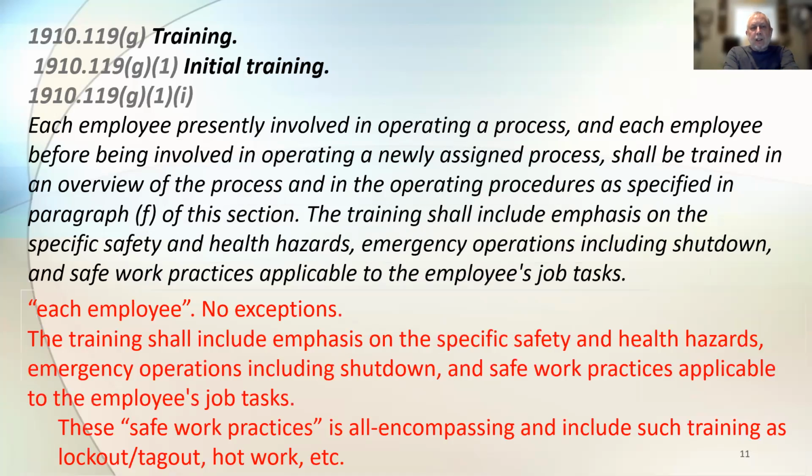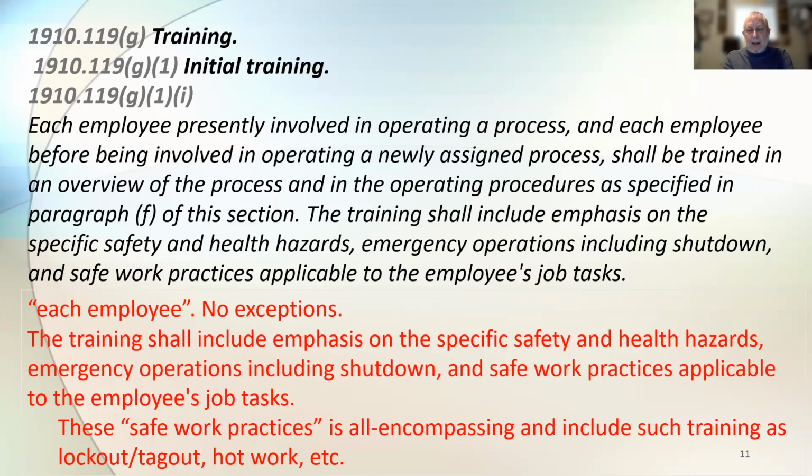Initial training. Each employee presently involved in operating a process and each employee before being involved in operating a newly assigned process shall be trained in an overview of the process and in the operating procedures as specified in paragraph F of this section, which is covered. The training shall include emphasis on the specific safety and health hazards, emergency operations, including shutdown, and safe work practices applicable to the employee's job task.